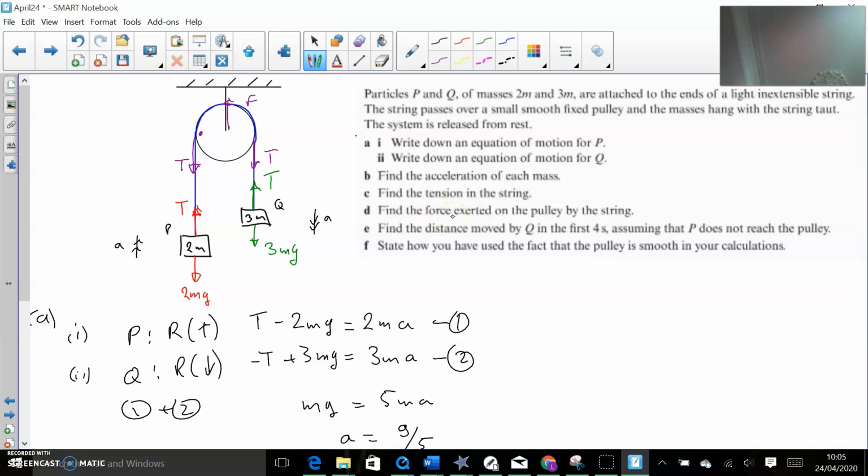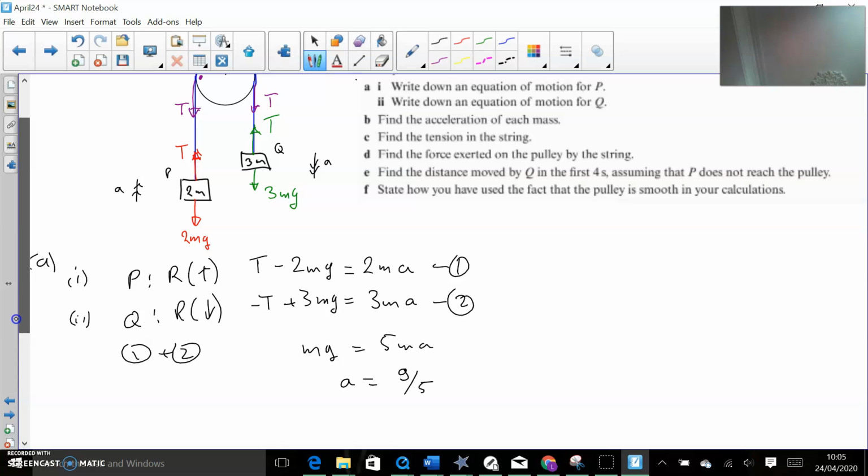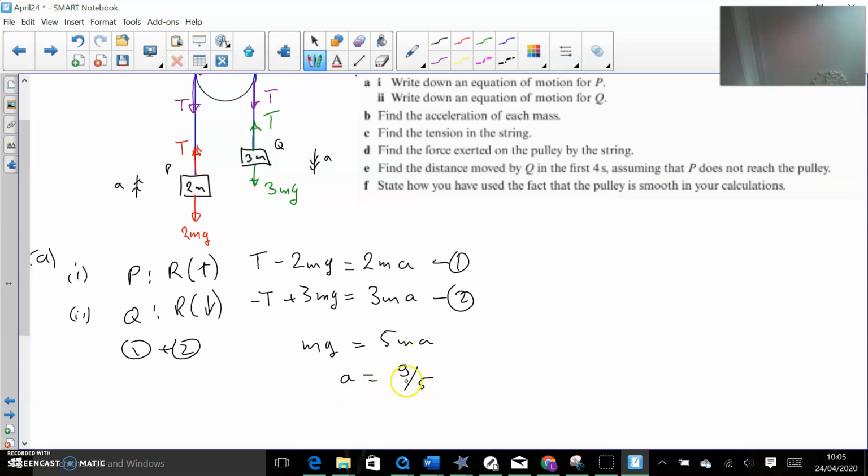Part C, find the tension. We will substitute in A into one of these equations, and we'll get T. Subbing into 1, we'll have T minus 2mg equals 2m times g over 5.